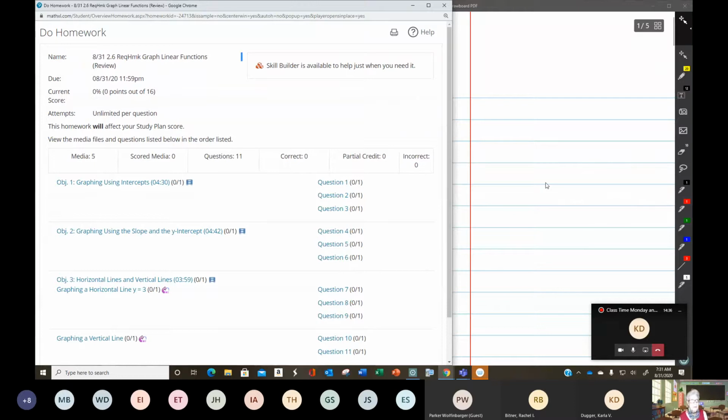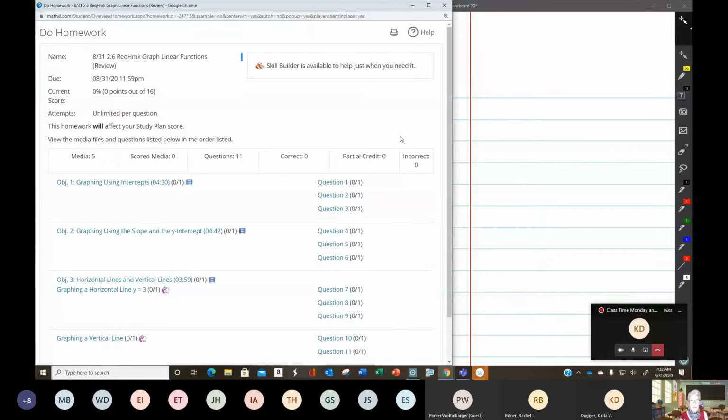Okay, all right, so the first thing we're dealing with today in 2.6 is graphing linear functions. We can all graph, presumably, but on MyMathLab it can be a whole different trip. And we're also using specific methods, and if you don't use this method, MyMathLab will grade it wrong.